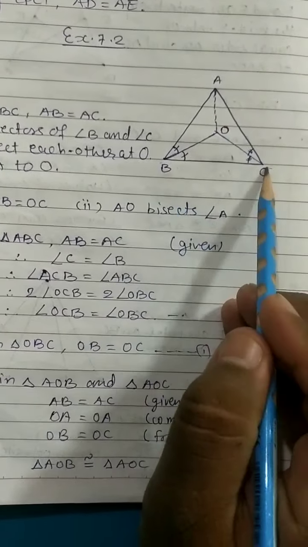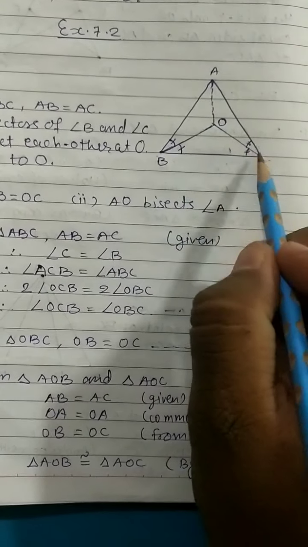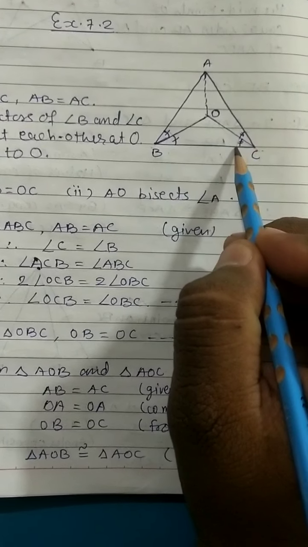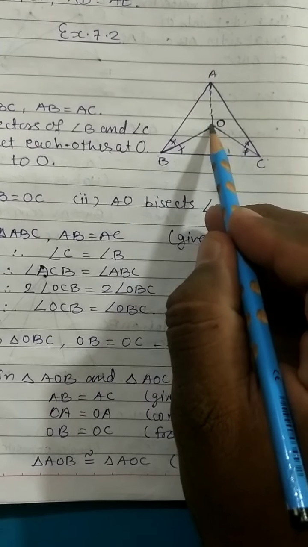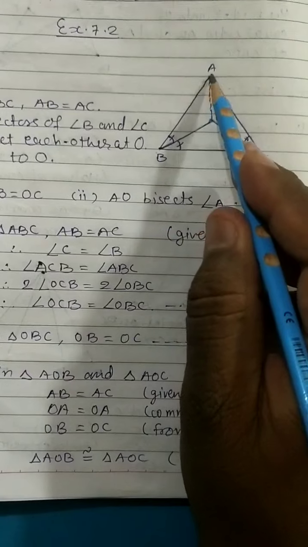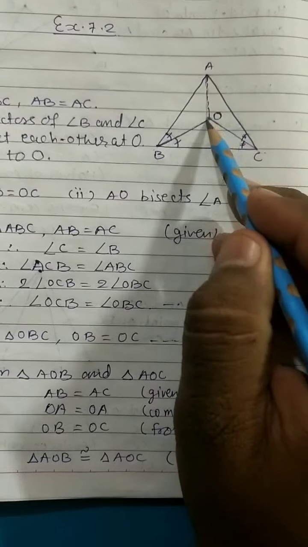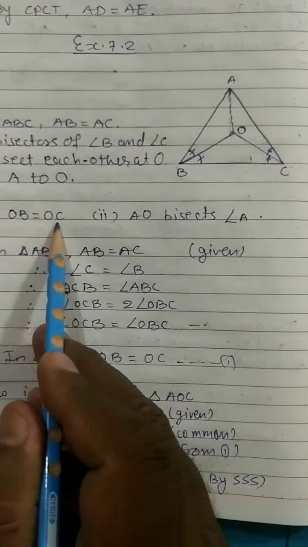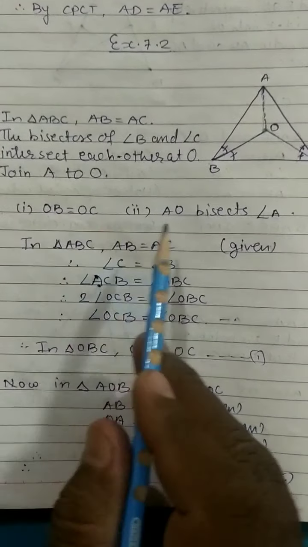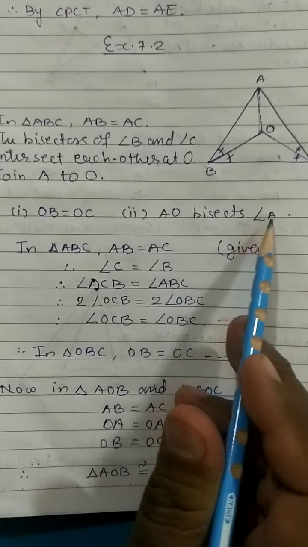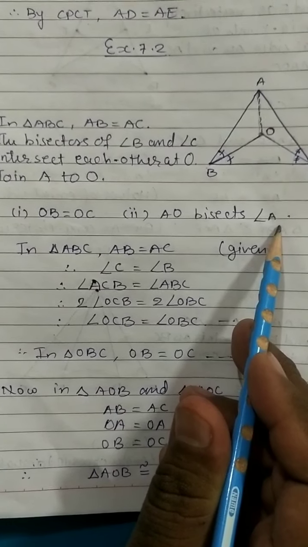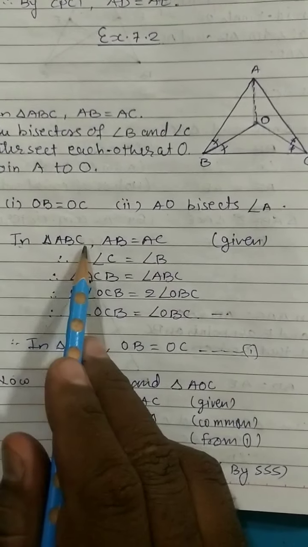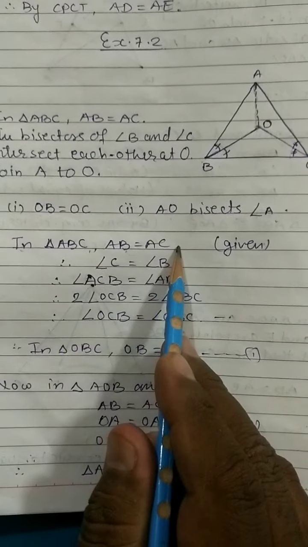In triangle ABC, BO and CO are the bisectors of angle B and angle C respectively, and both of them meet at a point O, join A to O. We have to prove OB is equal to OC in the first result, and in the second result AO bisects angle A. Now see, in triangle ABC, AB and AC are equal.